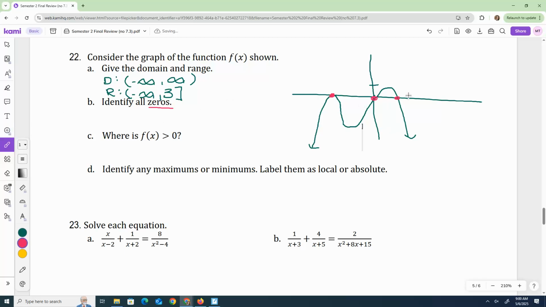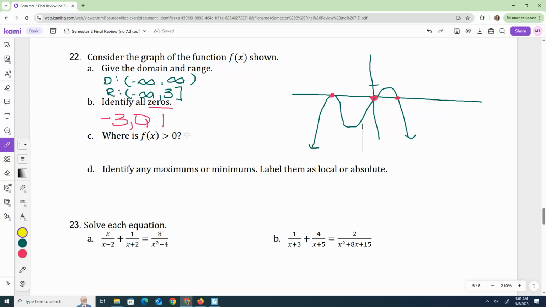So we can see it hits right here. What's that x value? -3. If you put M2, because it had a multiplicity, that's fine. I didn't ask for the multiplicities, but it wouldn't be wrong if you included them. This one is at 0, and this x value was 1. So those are my zeros.